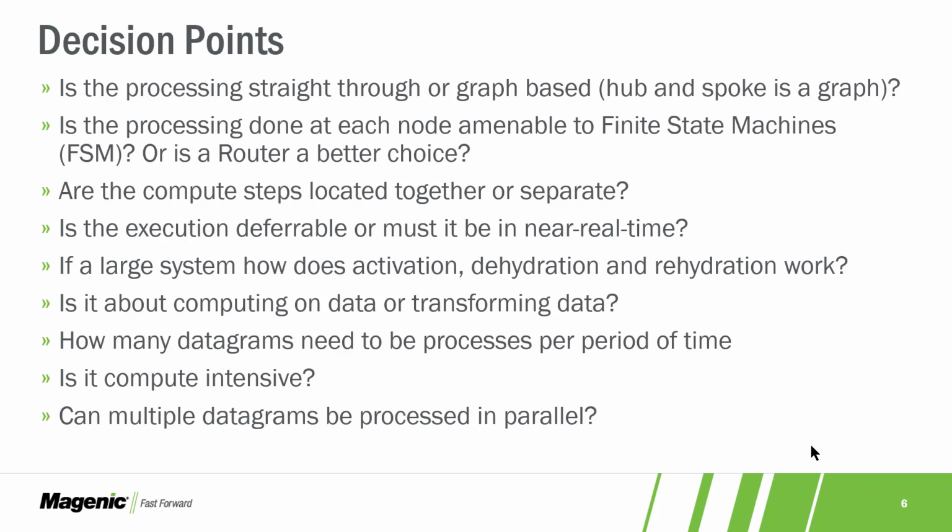But if you have things that are going to be dynamically changing, right? The shipping rates change on different days or whatever, or we have things that have pricing differentials based on sales or whatever, we may need to do something that's a little more flexible, a router. The other thing is, are the compute steps located together or separate?